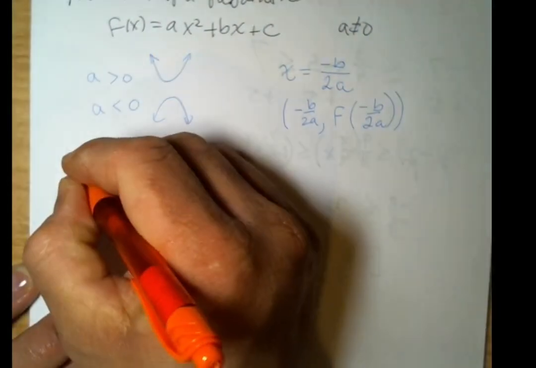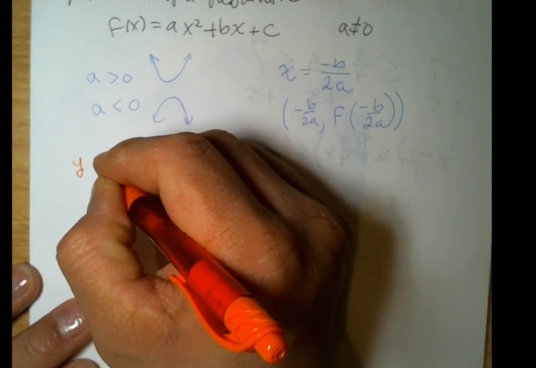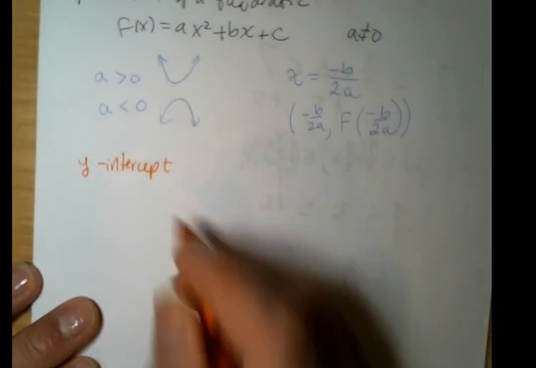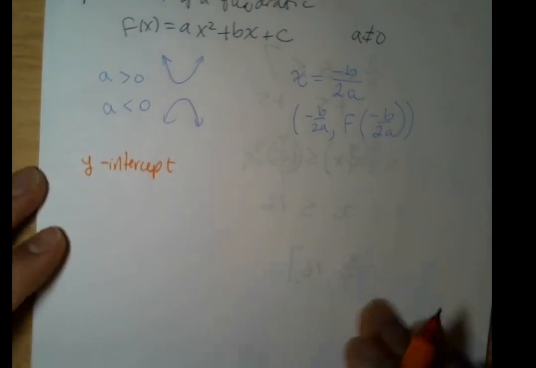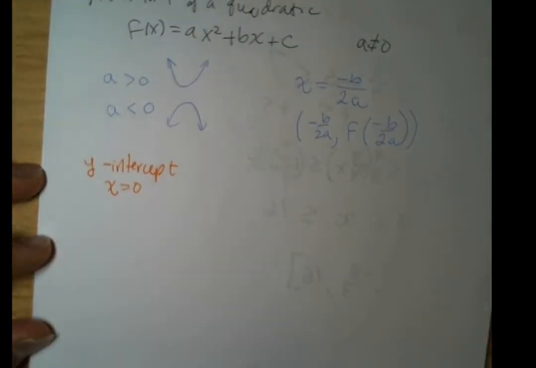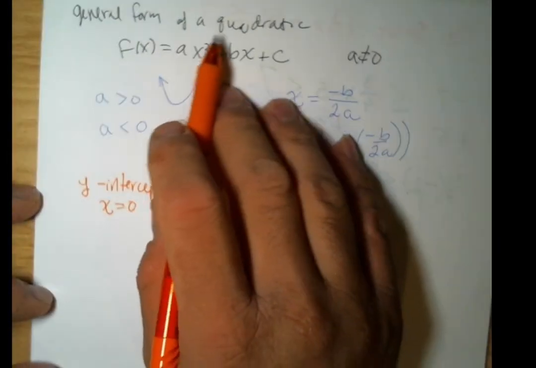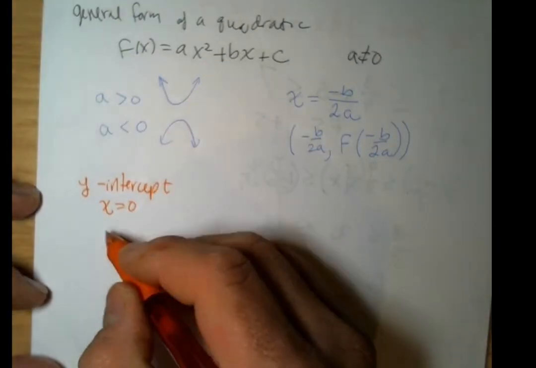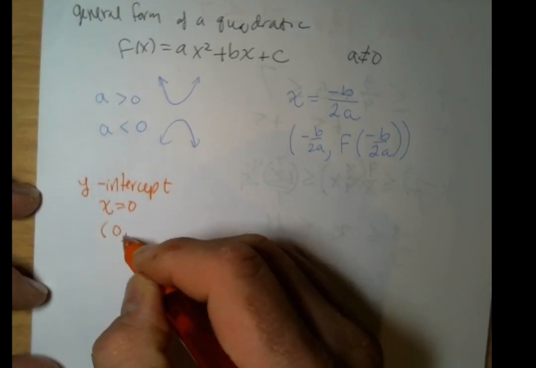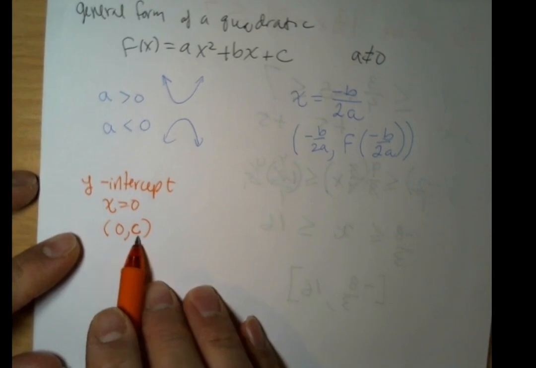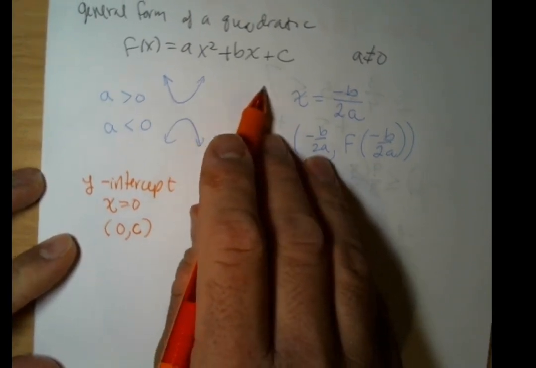Now, in terms of intercepts, if I wanted to find the y-intercept, well, in this case, we let x is equal to 0, and then find whatever that is. In terms of our general form, we see x shows up here, so our y-intercept would always be whatever that constant c is at the end, since the x terms are 0.